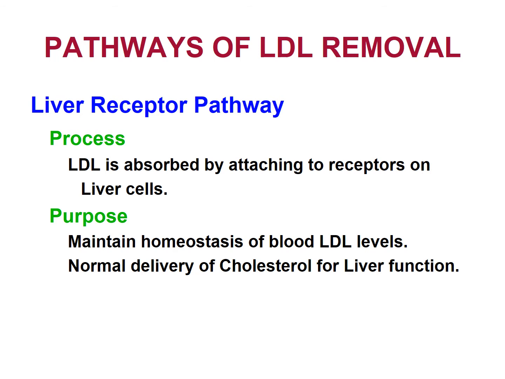In this case, the same applies to the receptors in the membrane of the liver: if the homeostasis is really high, then it can add receptors so that it will take more LDL out. If the LDLs are fine, then you're going to reduce the receptors in the membrane, and so you won't take as many out. So it's going to maintain homeostasis, but it's also going to be able to utilize that cholesterol for liver function.